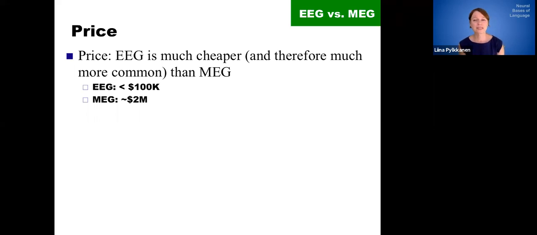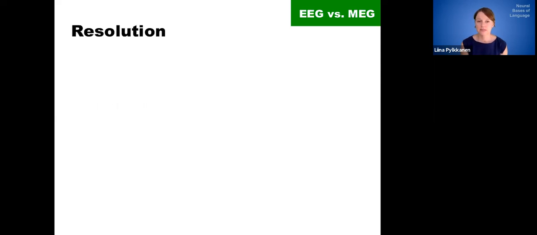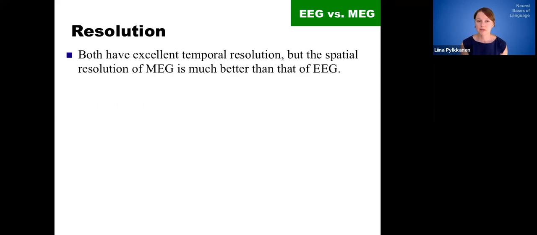So for this reason, EEG is much more common and available than MEG. It's really tackling all of the challenges of capturing the tiny magnetic fields that makes MEG more expensive.